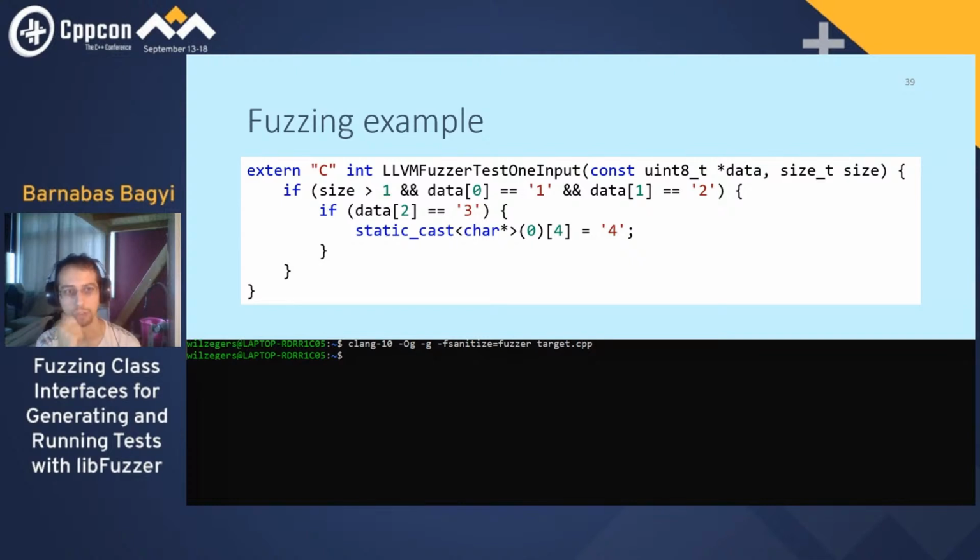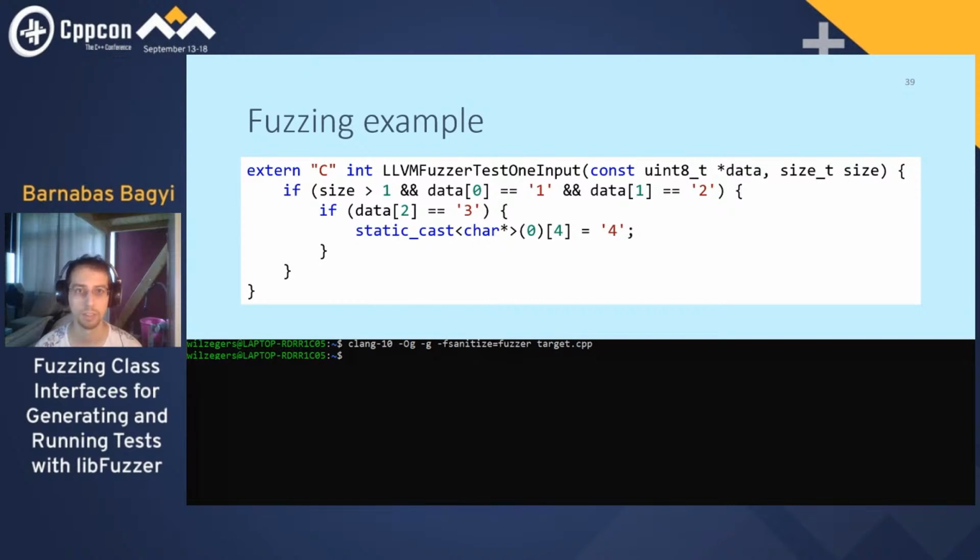Now, what we have to do to use libFuzzer is that we only have to add -fsanitize=fuzzer as a compile argument. We didn't even declare a main function, but that is totally fine since libFuzzer will link its own main together with our binary automatically.